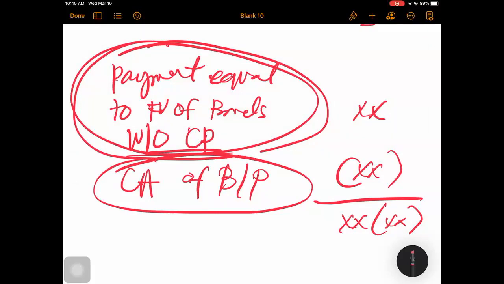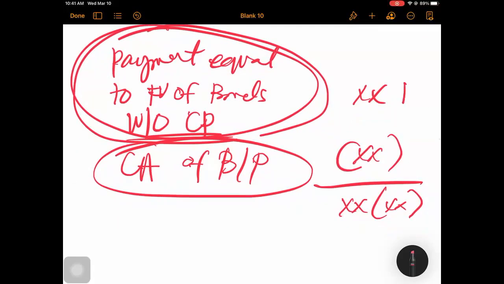Question: what if our payment is 100, and our carrying amount is 90? Is it a gain or a loss?